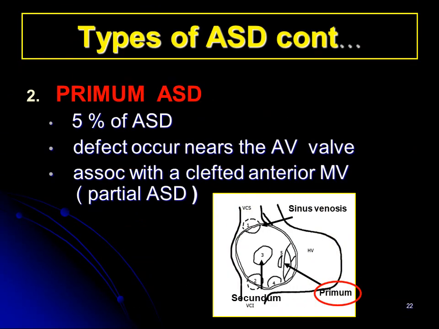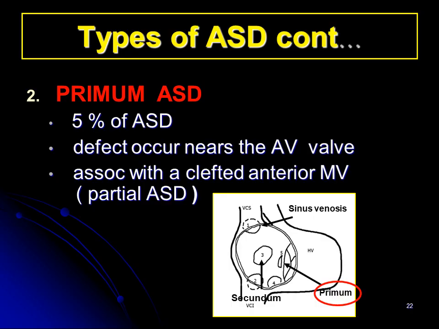Primum ASD accounts for 5% of atrial septal defects. The defect is low-lying and occurs adjacent to the atrioventricular valve and is often associated with atrioventricular valve abnormalities and ventricular septal defect. The septum primum is a crescent-shaped, membranous ingrowth that sits posteriorly between the right and left atria and partially separates the right and left atrial chambers.